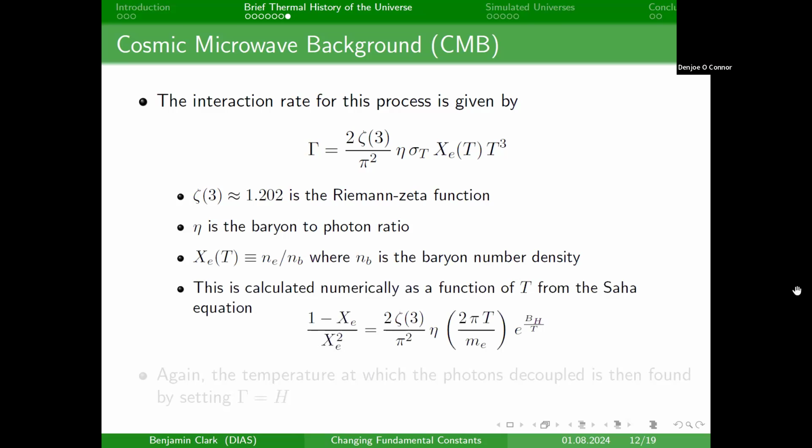We can calculate this X_e from the Saha equation, and once we solve X_e as a function of T and put it in, we can see where the Riemann zeta function and the eta come from. The B_H in the exponential at the back is just the binding energy of hydrogen. Again, we set the temperature at which the photons decouple by setting the interaction rate equal to the Hubble parameter.